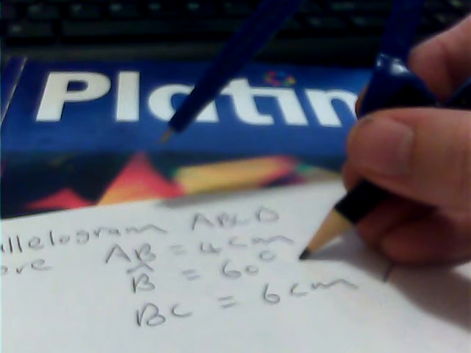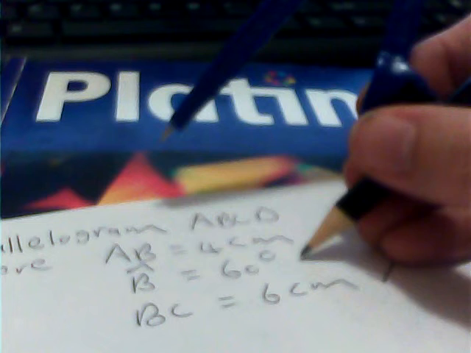Next, we need to draw angle B so that it is 60 degrees. Fortunately, this is revision because we already know from a previous lesson how to draw a 60-degree angle. We need to put the sharp point of our compass on point B, and we need to draw an arc through line BC to the top.